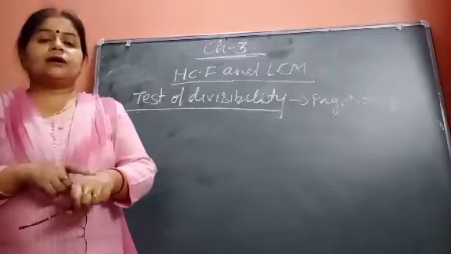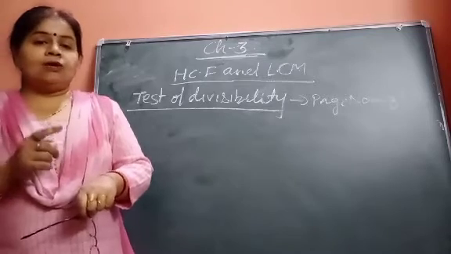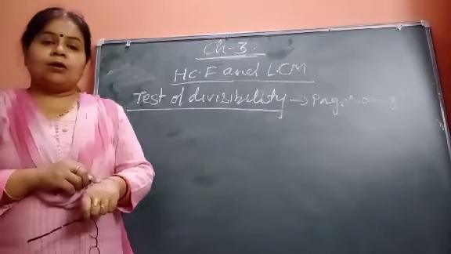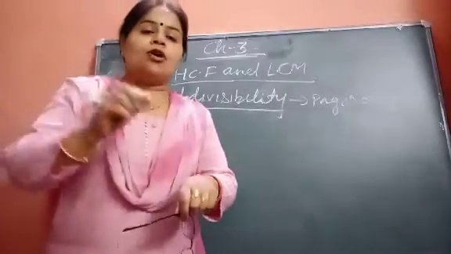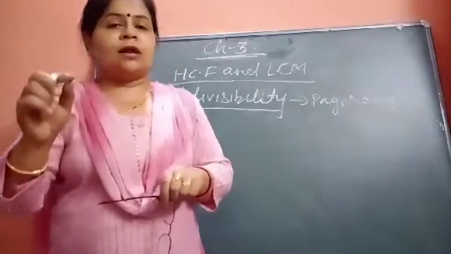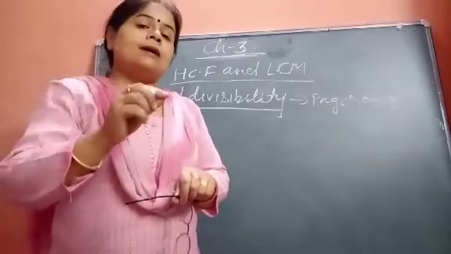In this way we have learned divisibility of 2: if the number has an even number or 0 in the units place, then the number will be divisible by 2. For 3, if the sum of the digits is divisible by 3, then the number will be divisible by 3.